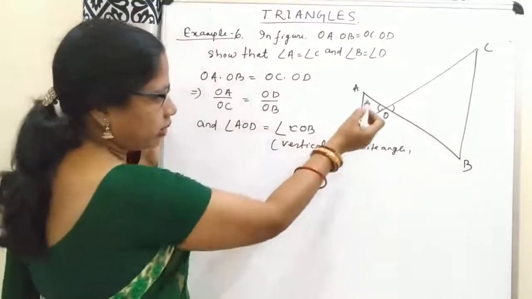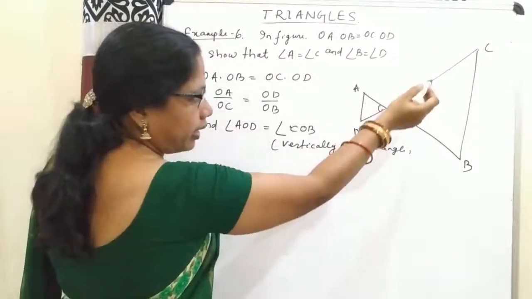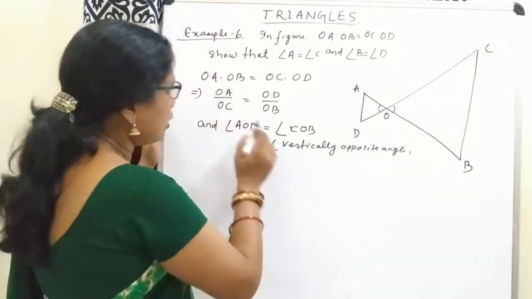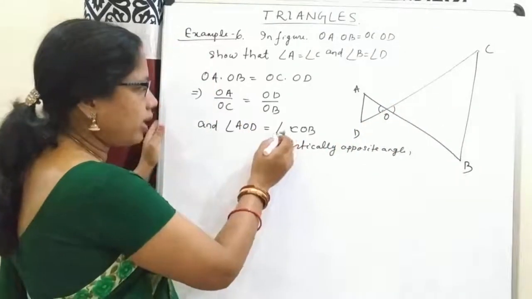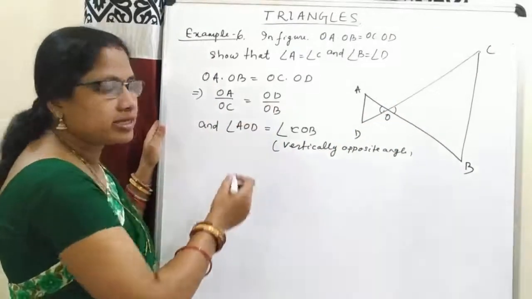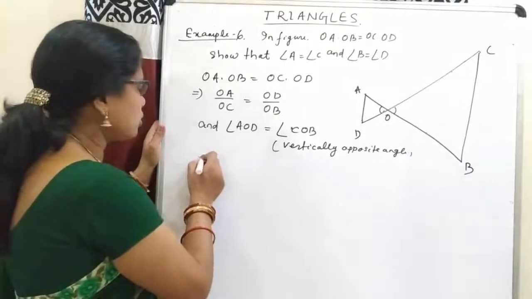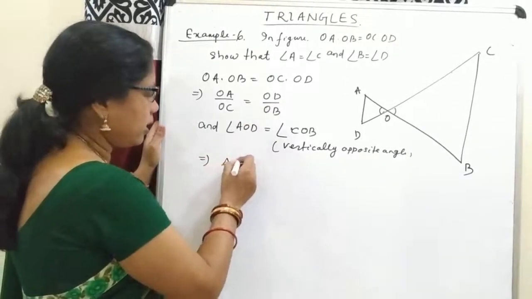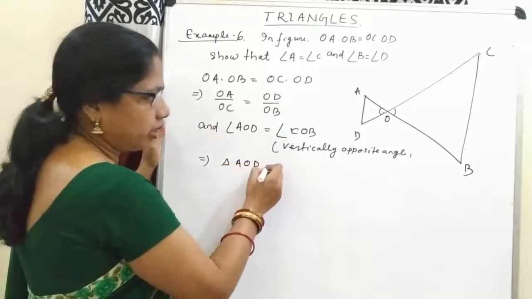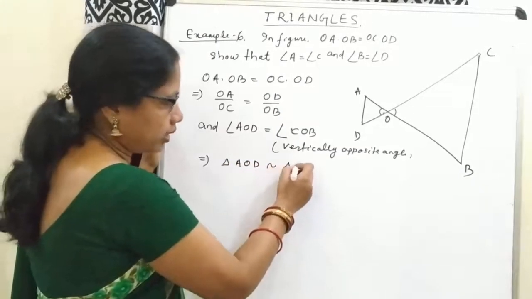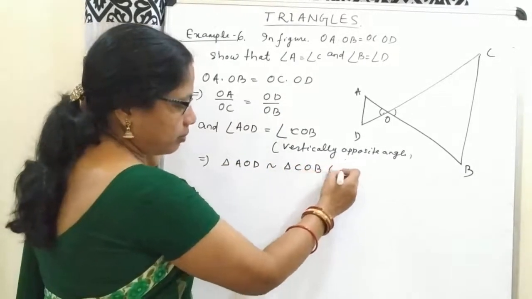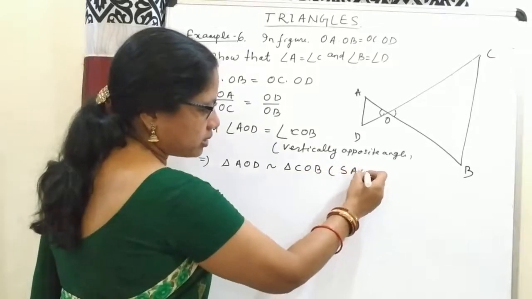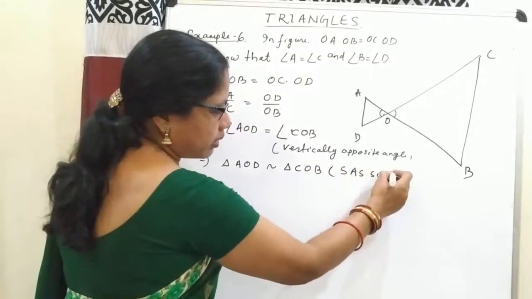So here in triangle AOD and in triangle COB, one angle is equal and their included sides are in the same ratio. So this implies triangle AOD is similar to triangle COB by SAS similarity criterion.